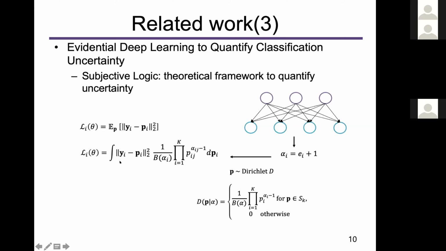But in EDL MSE, they make a distribution from the output of the neural network, sample the result from that distribution, and use that as the probability. So that's the difference between normal MSE and EDL MSE.